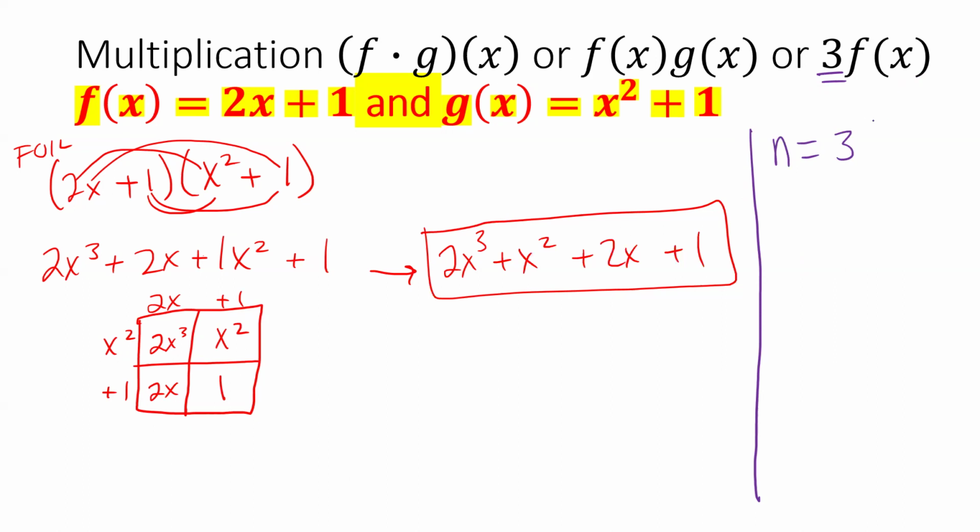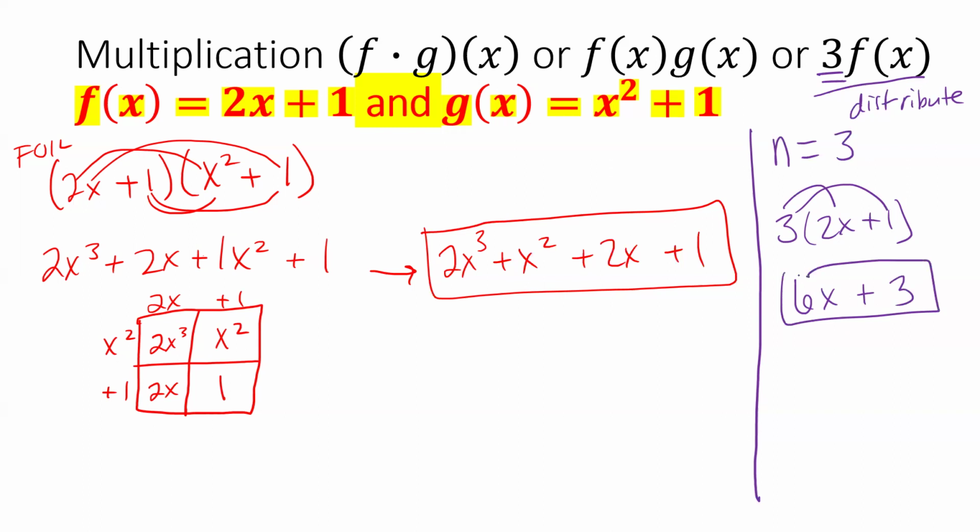That just means you're going to distribute. So we have 3, and what is f of x? 2x plus 1. And all I'm doing is distributing. So that leaves us with 6x plus 3.